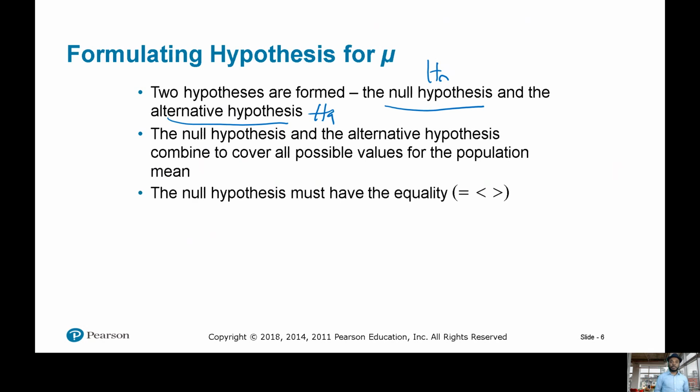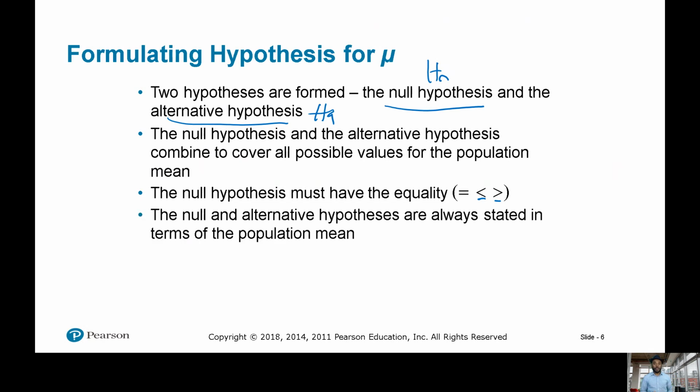The null hypothesis must be stated as either equal to, less than or equal to, or greater than or equal to. The null and alternative hypotheses are always stated in terms of the population mean.